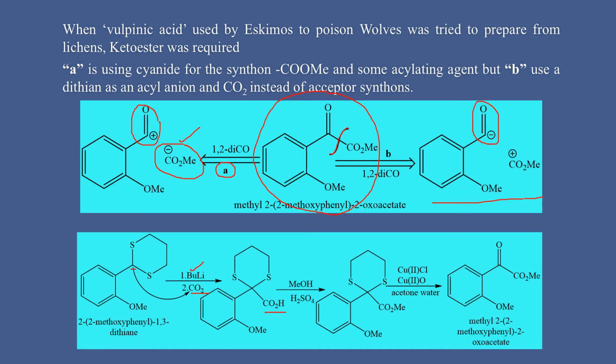Then this carboxylic acid is converted into ester by using alcohol, and then this dithiane is deprotected or removed by using a metal catalyst. So here it is our target molecule.